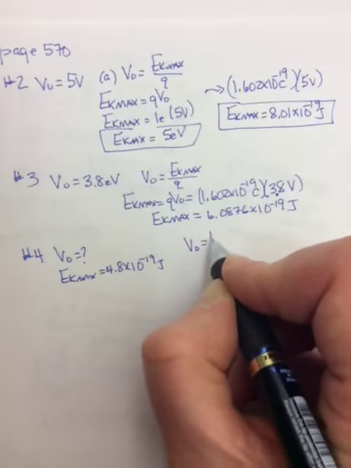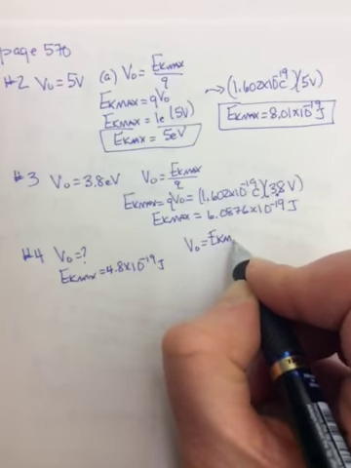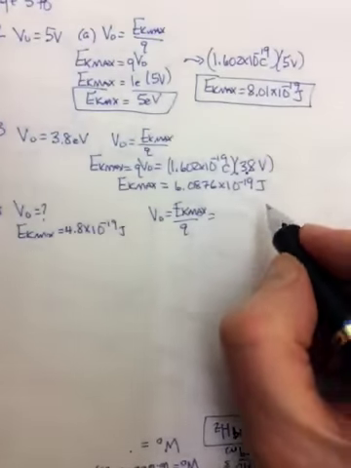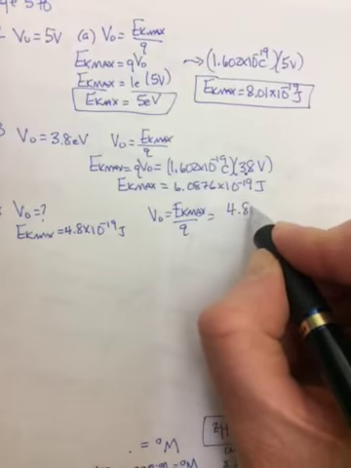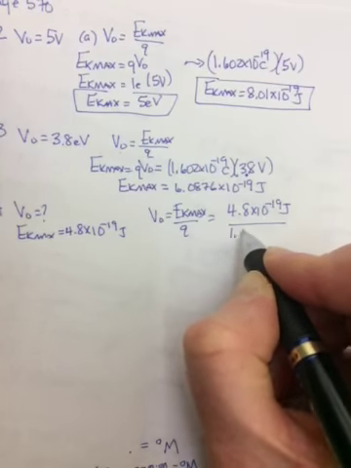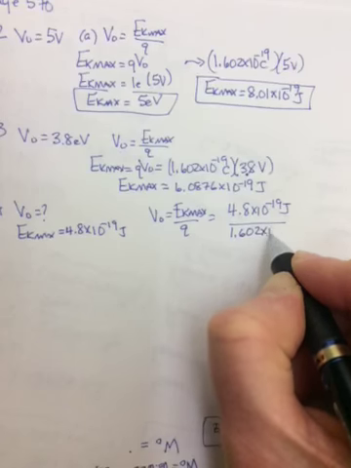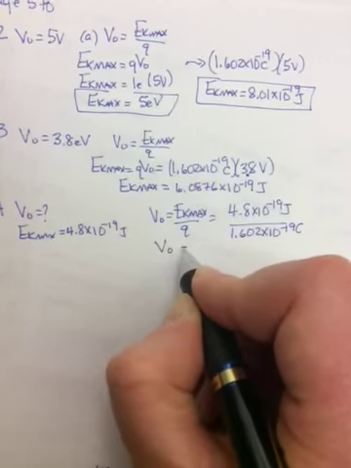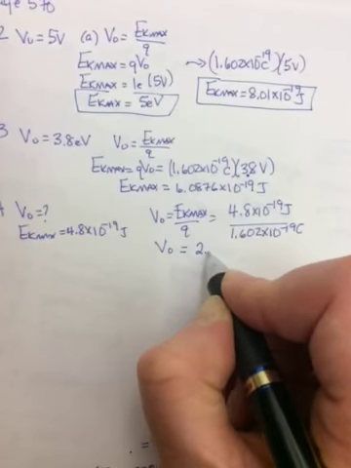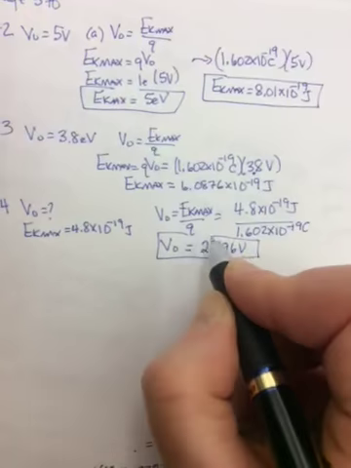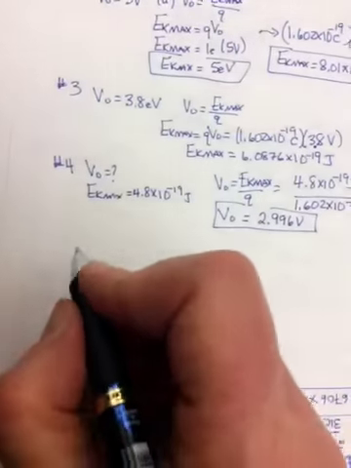So VO is equal to EK max over Q. So 4.8 times 10 to the negative 19 joules over 1.602 times 10 to the negative 19 coulombs. You should end up getting a VO of 2.996 volts. Number 4.